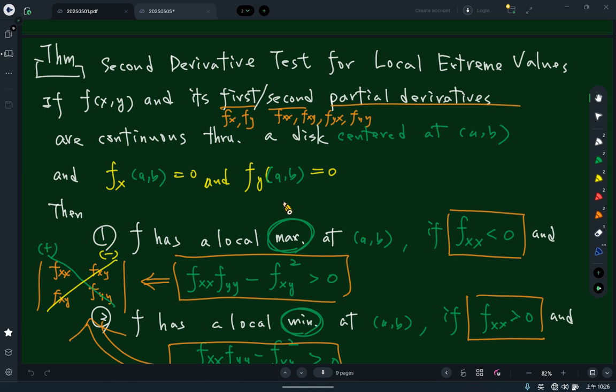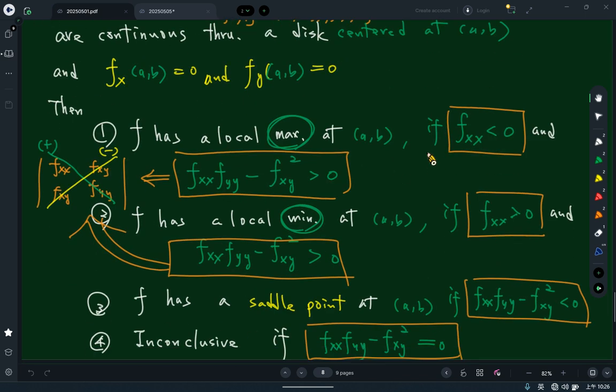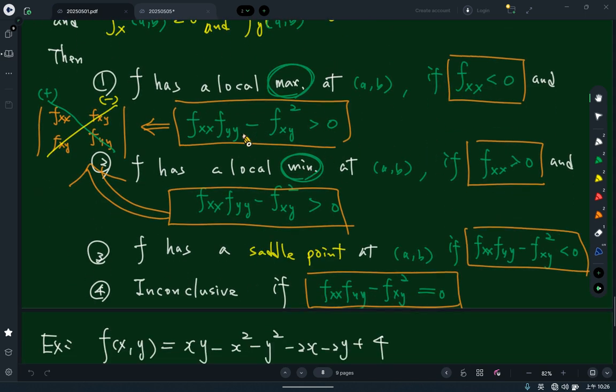But it doesn't mean it necessarily does, because it's just a candidate, a possible point to provide the maximum or minimum value. We treat it as a candidate and then try to see whether a local maximum or local minimum value happens at that point. There are some rules to check. We can check the discriminant first.